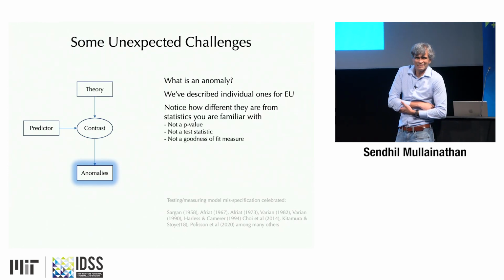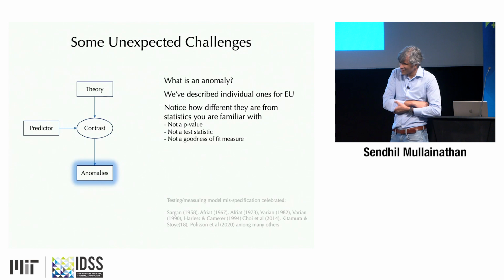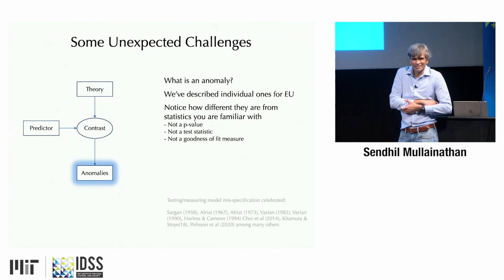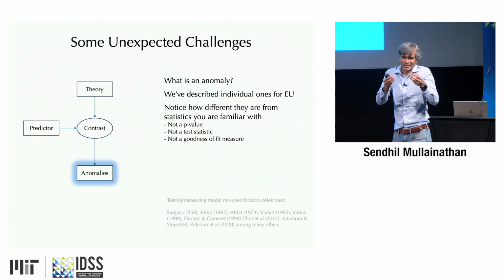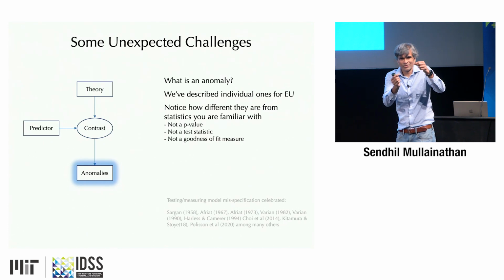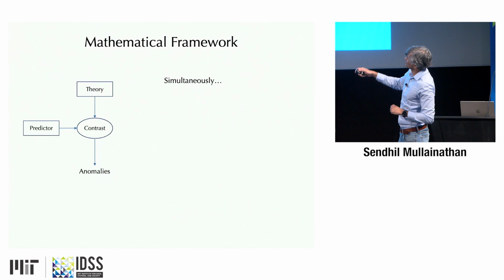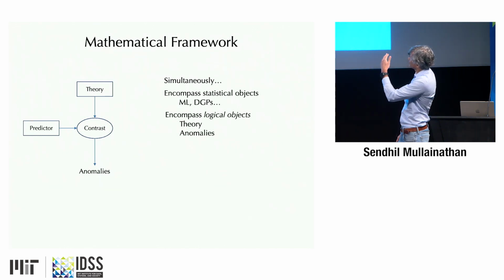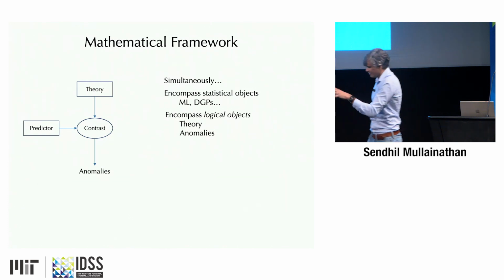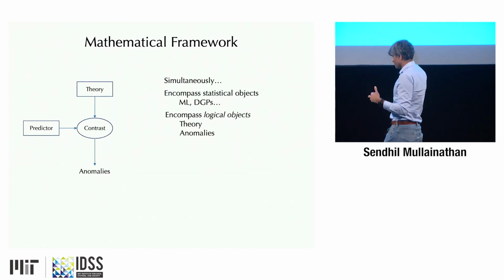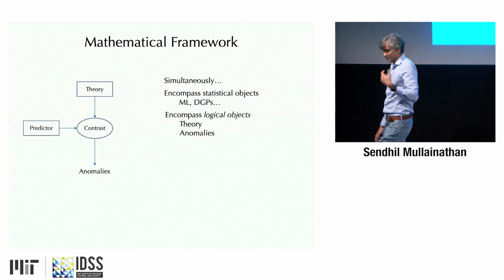This isn't a p-value. It's not a t-test statistic. It's not a goodness of fit measure. What is the Allais paradox? If you collected data on it, you could do something with the numbers you got, but the object itself, it's not clear what it is. So part of what we had to do is to formalize what a theory is and what anomalies are in a way that encompasses both the statistical objects of machine learning and the logical and theoretical objects that are theories and anomalies.